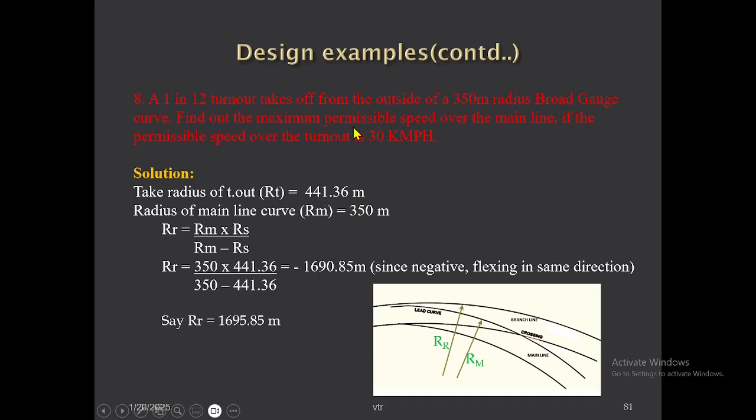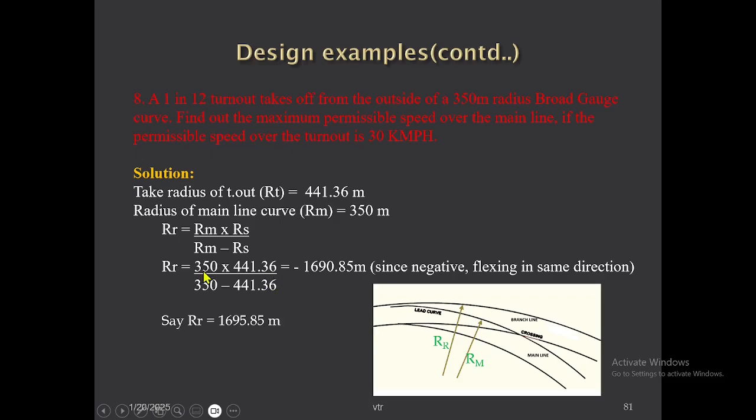So whenever the points and crossing turnout takes off from the main line curve, we have to use the contraflexure formula: resultant radius is equal to Rm into Rs divided by (Rm minus Rs). That formula we have to use.